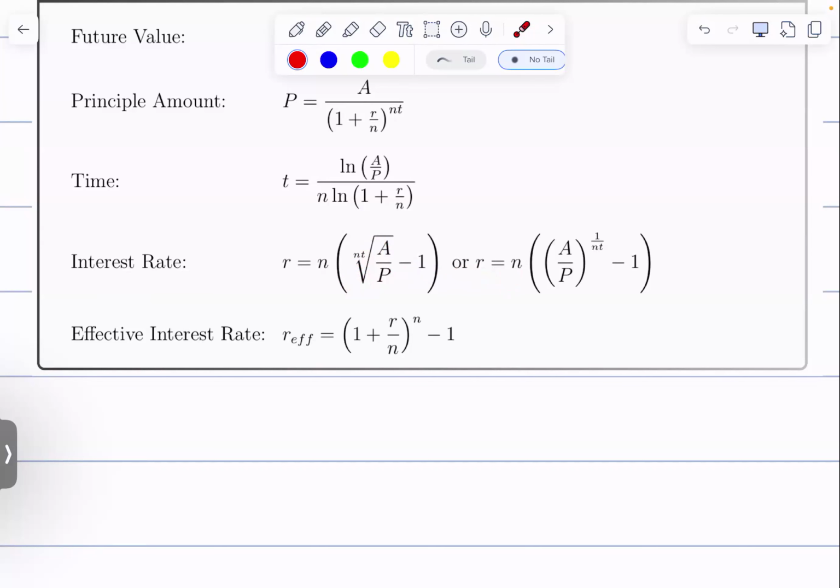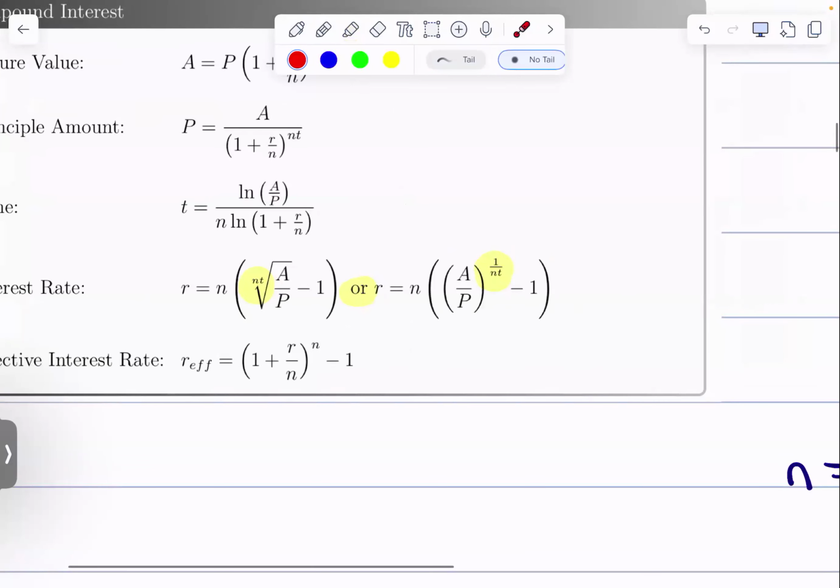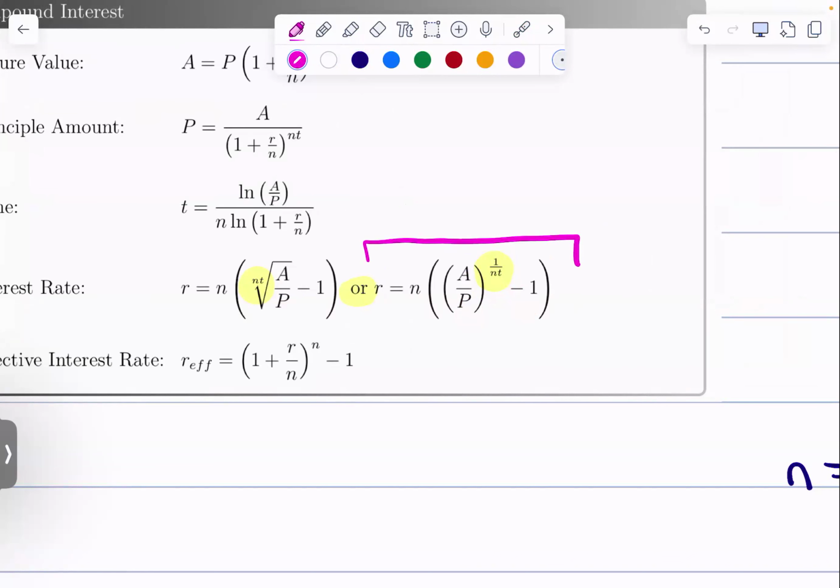Or, notice how there's an or on here, if you prefer, how you're actually going to calculate this is A over P to the power of 1 over n times t, and then minus 1. I'd say this one is probably a little bit more useful unless you have a fancy calculator where you can tell it which root you want.